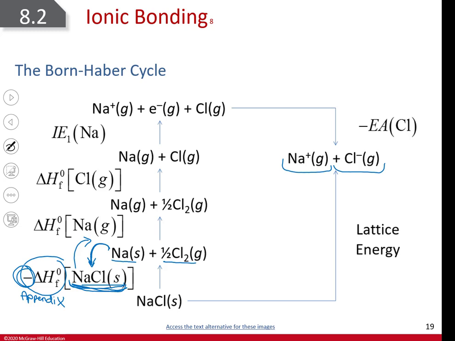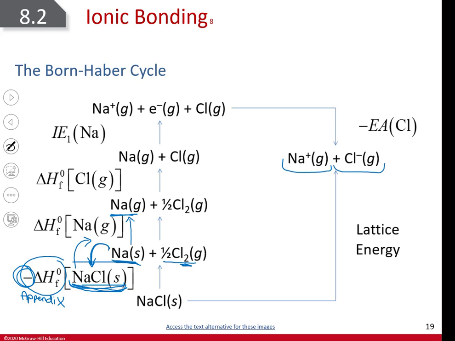Next step is we need to go from the natural state of chlorine, which is Cl2 gas, right? But we want just 1 atom. Same thing with sodium. Natural state for sodium is a solid, but we need it to be a gas. So step number 2 is we're going to do the cation first. Doesn't really matter which one you do first, but we'll do the cation first. To go from our metal as a solid to our metal as a gas.